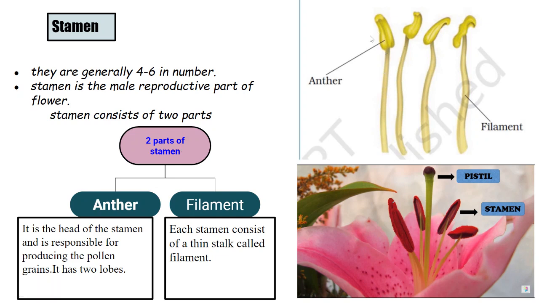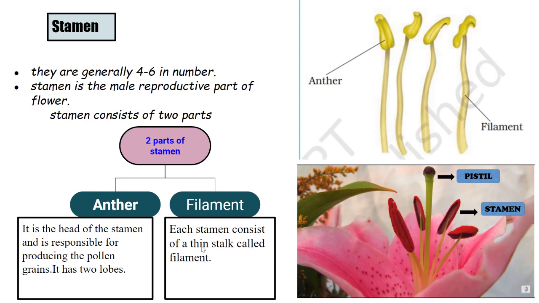Anther is the head of the stamen and is responsible for producing pollen grains. Okay, and children, then we have this filament, which is the thin stalk attached to the anther.